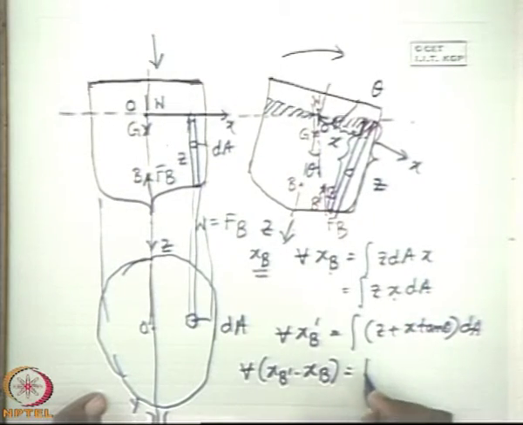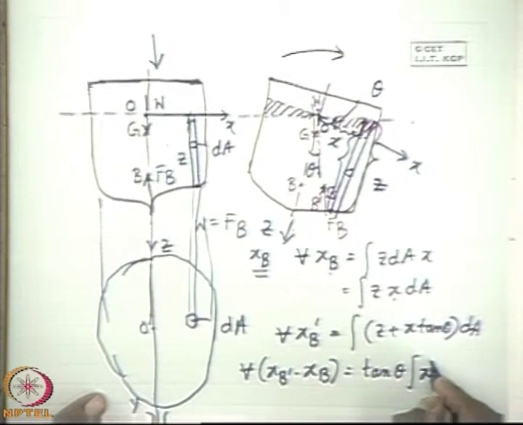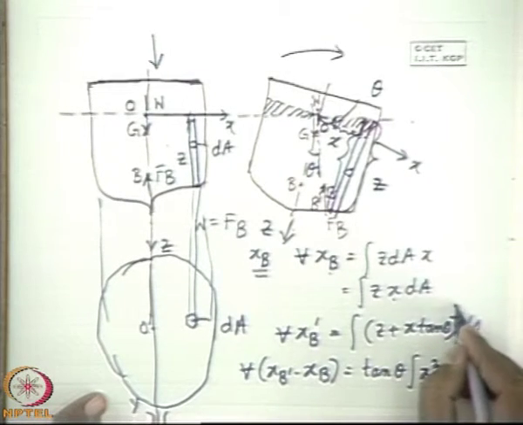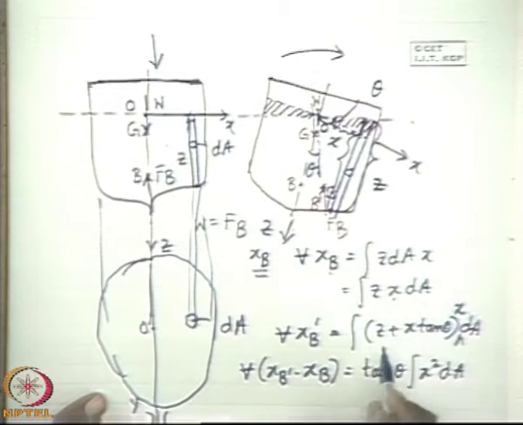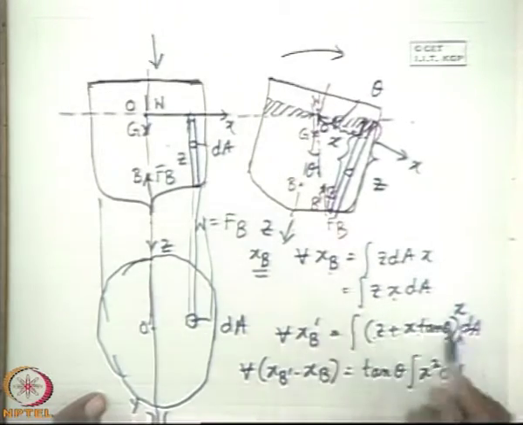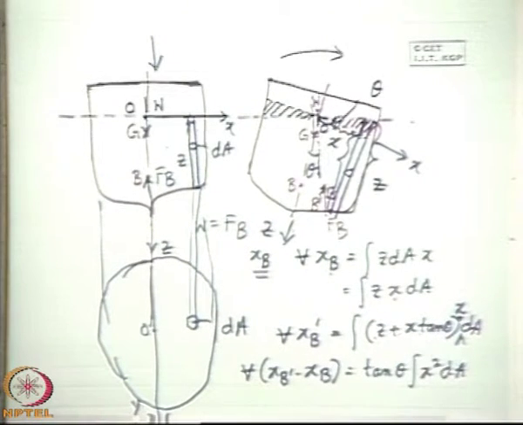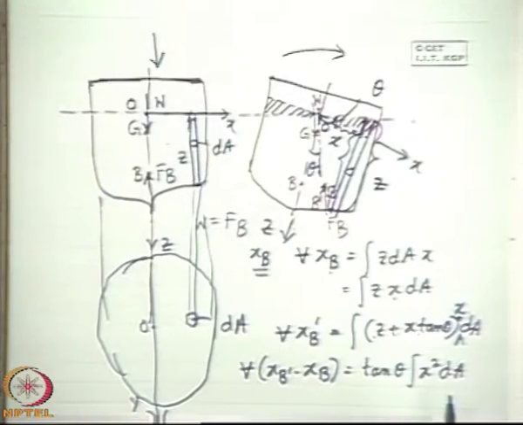So therefore we can take tan theta into X square dA. Sorry, one x is missing for the moment. So z x plus tan theta dA is the elementary volume and moment for moment x. So simply x square tan theta. All right.